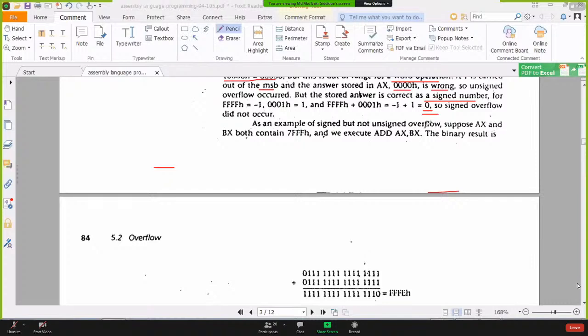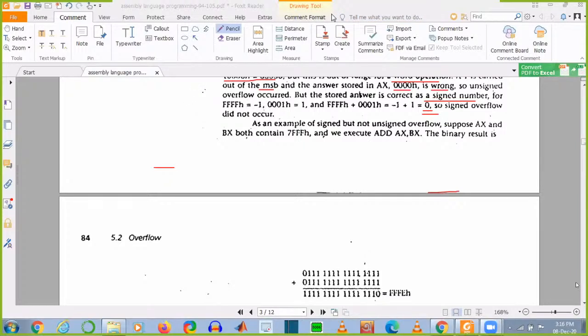In the previous example, there is unsigned overflow. There is no signed overflow. There is only unsigned overflow. And you got CF equal 1 for the previous example, and OF equal 0 for the previous example, right? So for the previous example, you got CF equal 1 and OF equal 0.